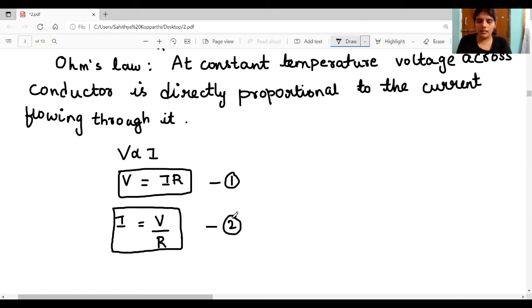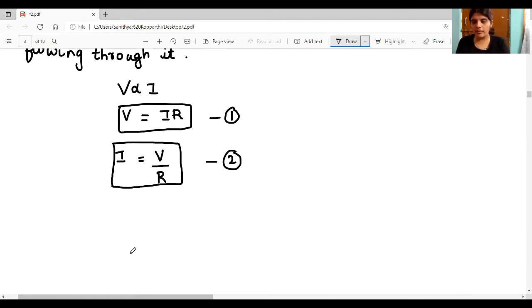Different metals will have different resistance. Even human bodies also have resistance. It varies. For men, it's different. For women, it is different. This resistance depends upon the length of the conductor as well as the cross-sectional area of the conductor.